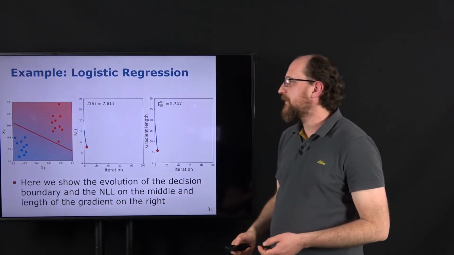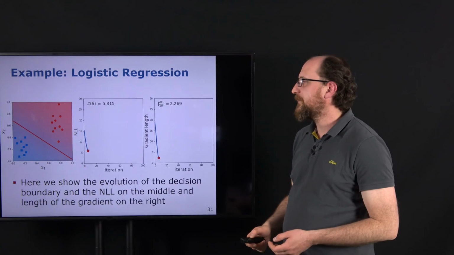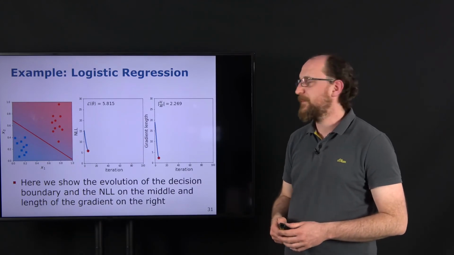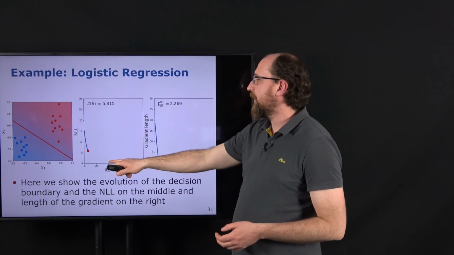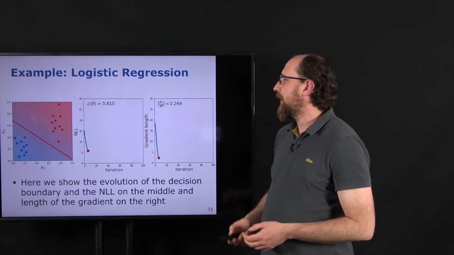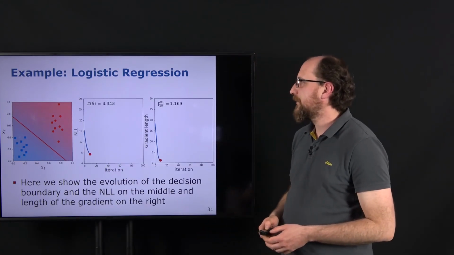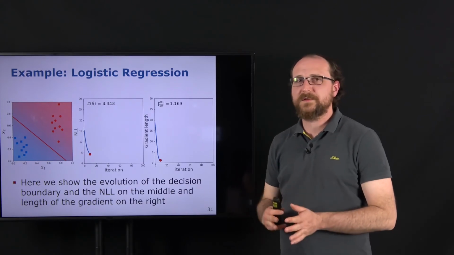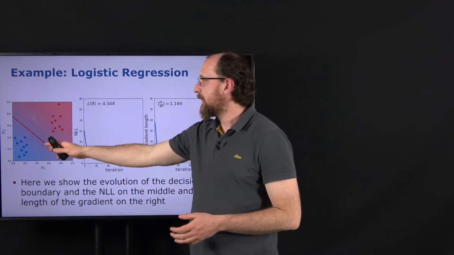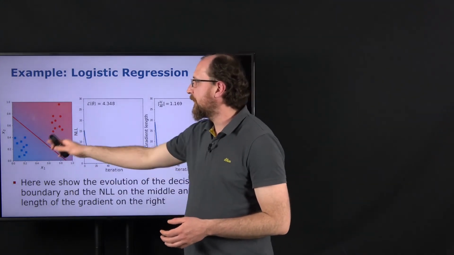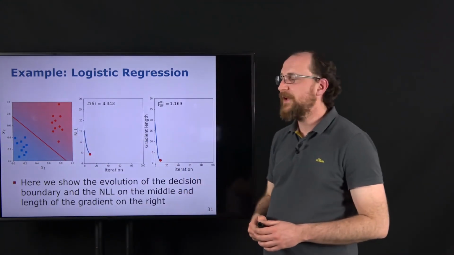When we update again, you will see some wiggling, fixing the parameters, but you also see that the negative log likelihood goes down. When we do this furthermore, we see that the decision boundary reaches a state where it is, in this case, optimally separating the examples.